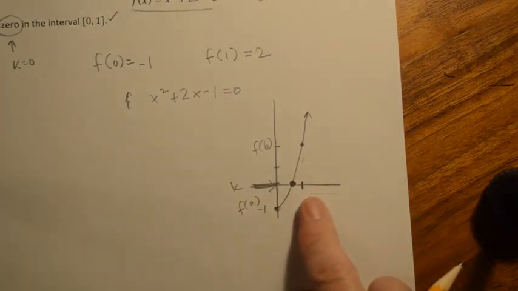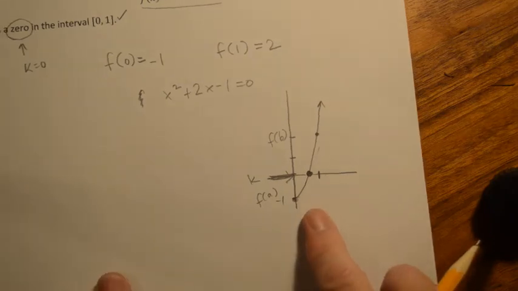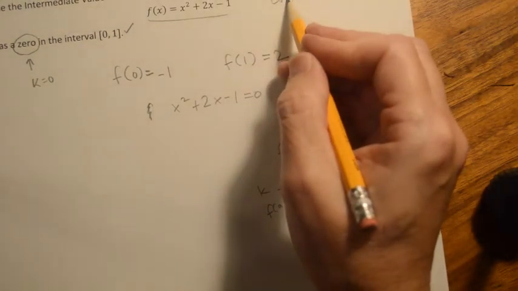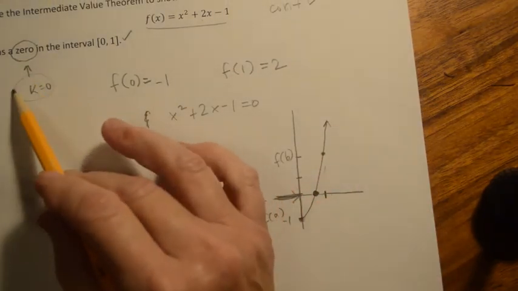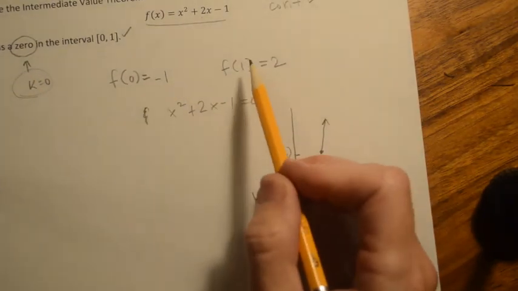All right, so we noted that f is continuous. It's continuous on the closed interval. We showed that the value that we're looking for, 0, falls somewhere in between there.